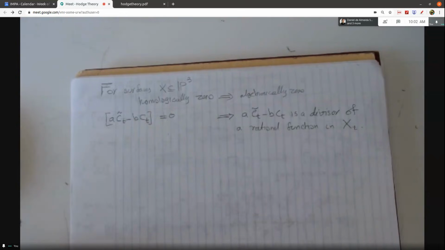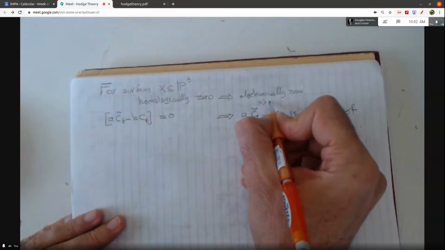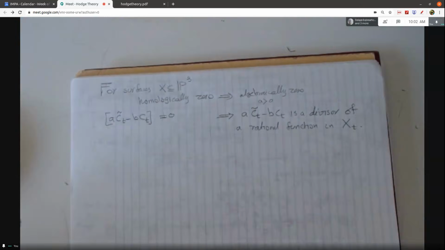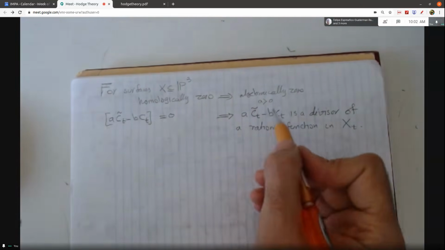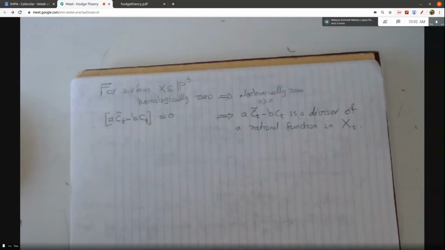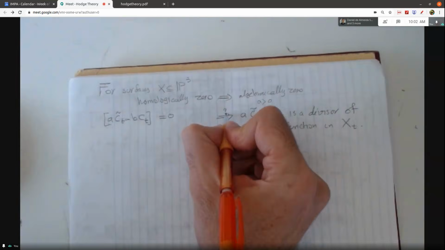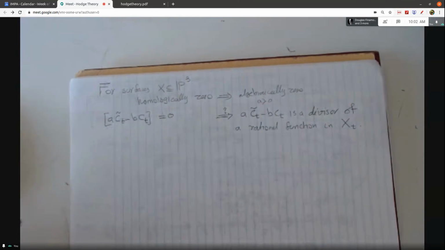And yeah, so in our case, let's assume that A is bigger than 0, because we just needed the rational number A over B. Okay, so again I have to explain this implication.